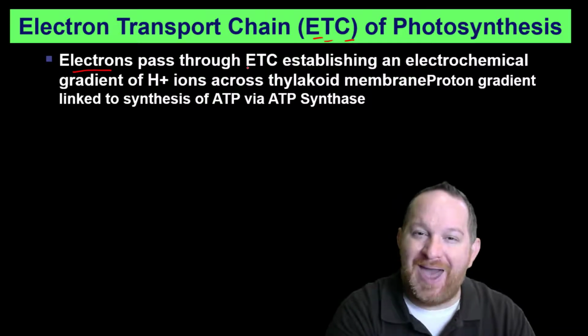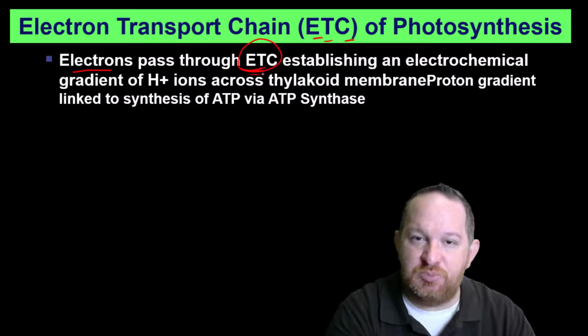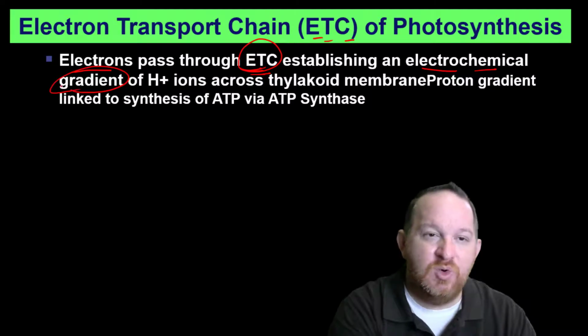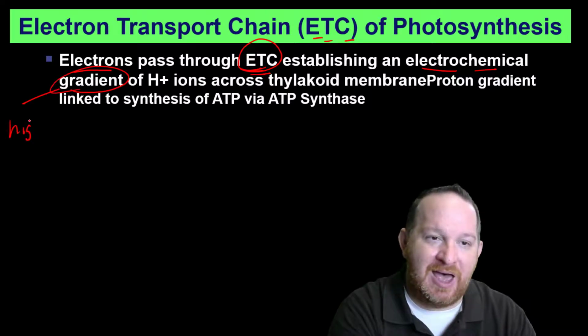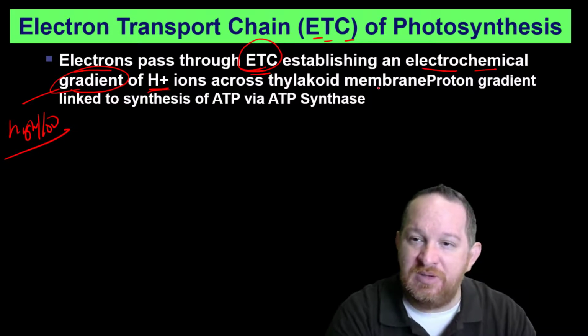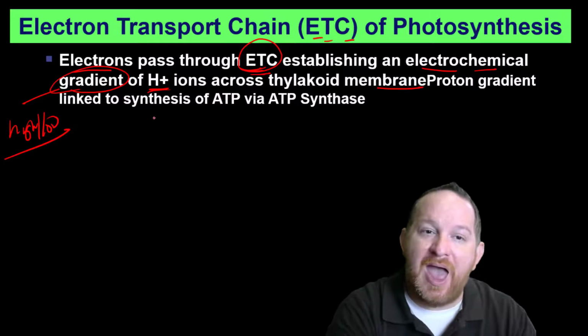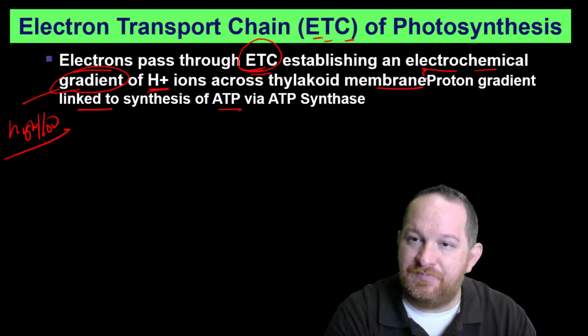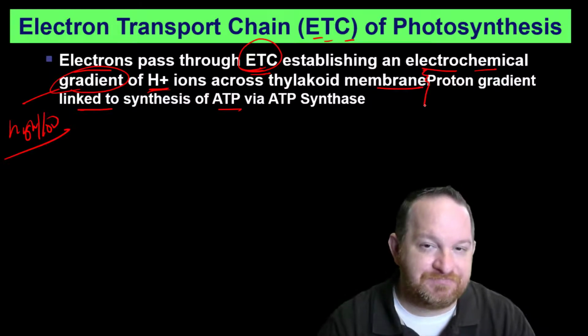Electrons will pass through the electron transport chain, establishing an electrochemical gradient, right? When you think gradient, think, right, one side's high, one side's low. There's a gradient, high to low, of hydrogen ions across the membrane, and this is linked to the synthesis of ATP.